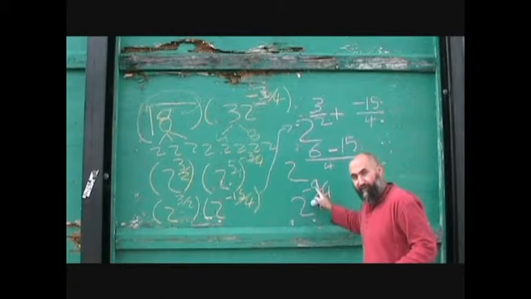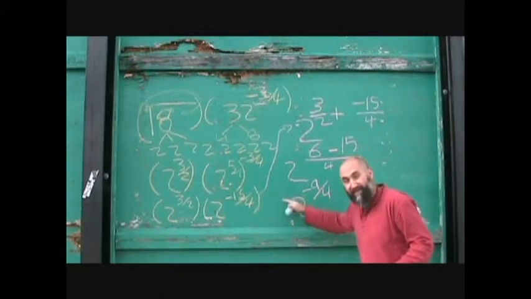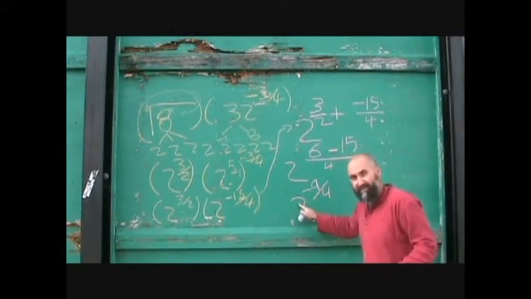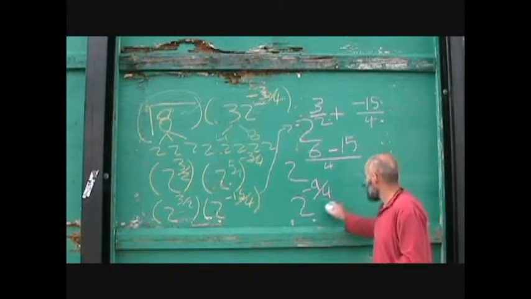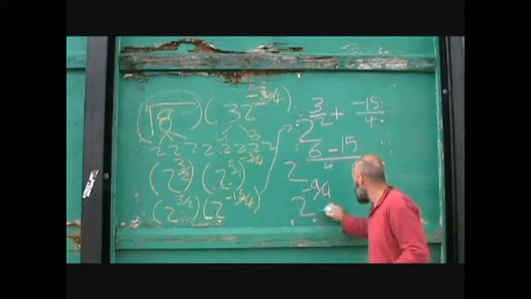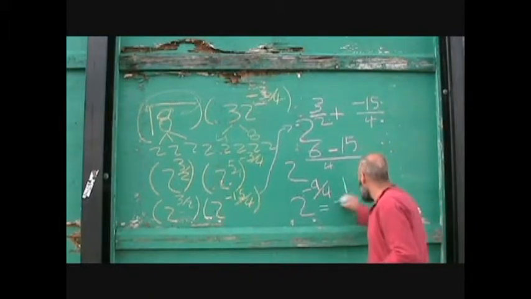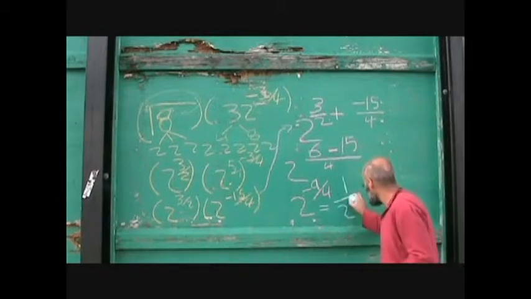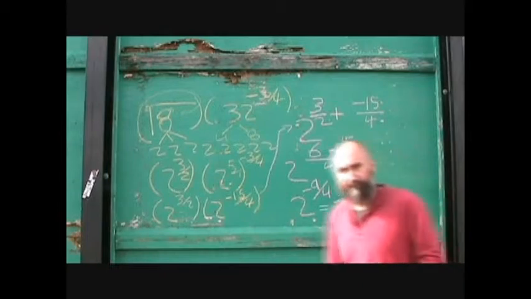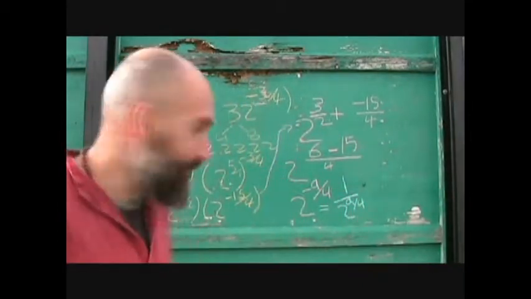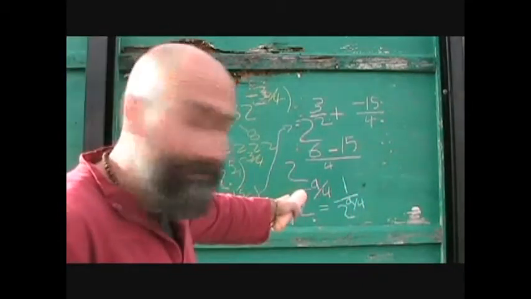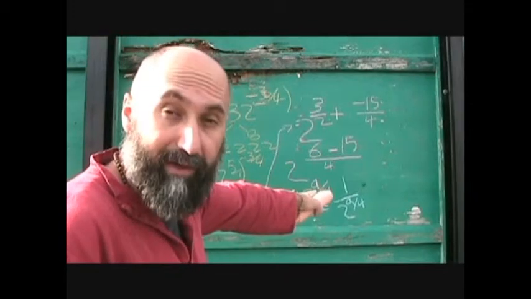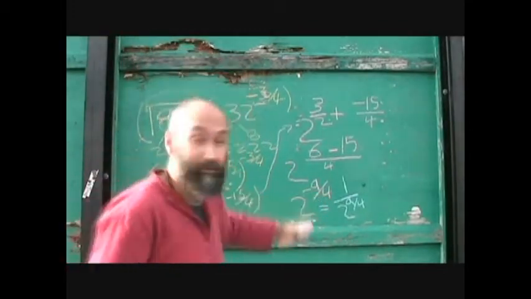Some people make the mistake of flipping this. This is an operation on the base number, so it flips this. So an alternate answer to this would be 1 over 2 to the power of 9 over 4. Okay? That's another way of expressing it. Some people will want it as a negative power, some people will want it as a positive power, and this should be a 9, not an 8.